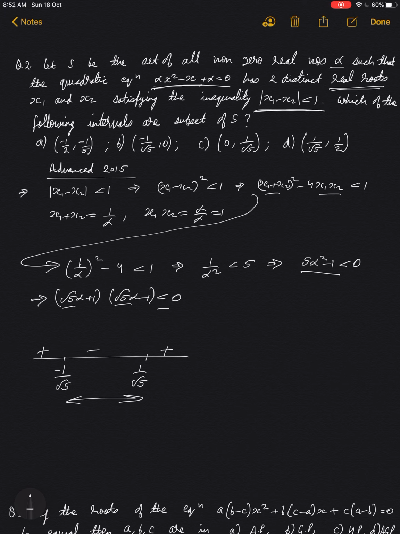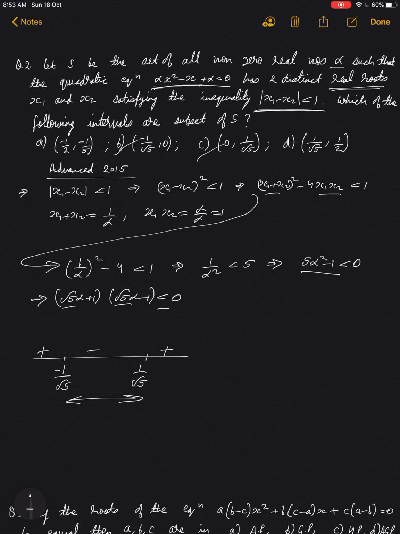Now which of the options are satisfying this? Less than 1 by root 5 or greater than minus 1 by root 5. So the option is either B, or B and C both are in the range, right? And why is 0 not included?